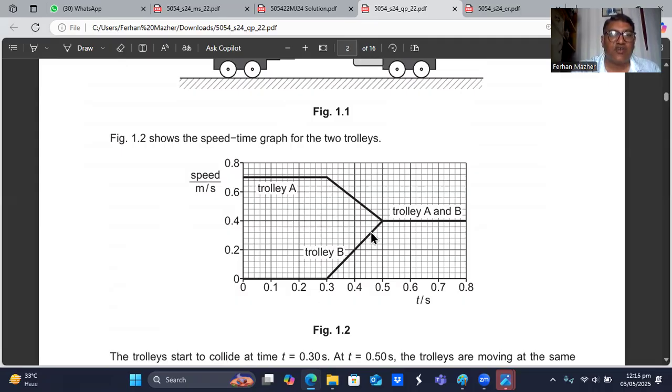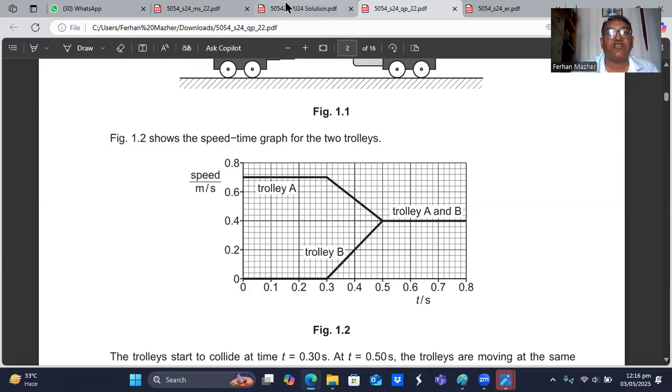Because this is a straight line, I will take 2 points on it, any 2 points. For example, I can take 0.3, 0 and 0.5, 0.4. Take 2 points on this straight line and find their gradient, because this is a speed time graph. The gradient will be equal to the acceleration.